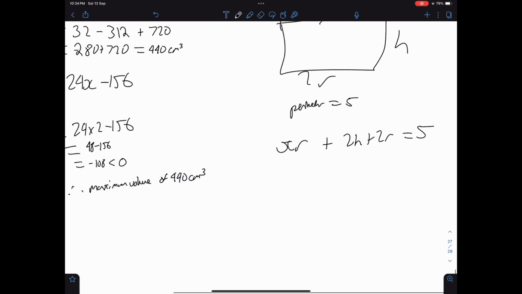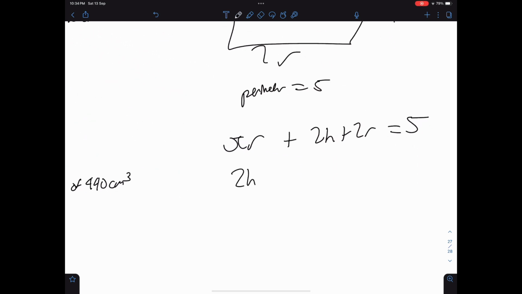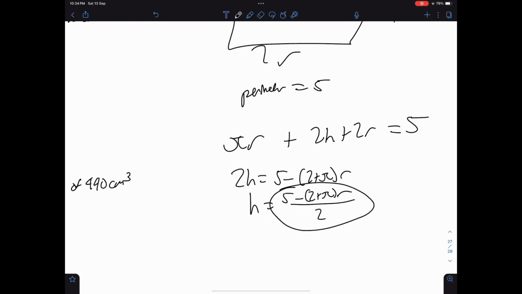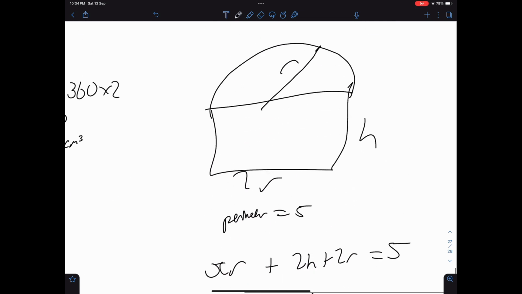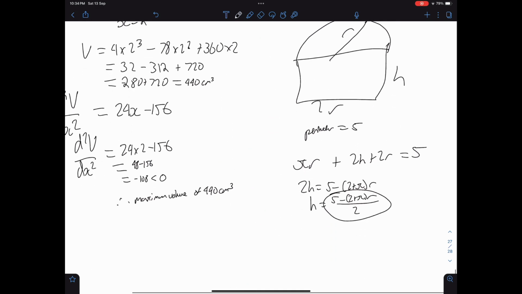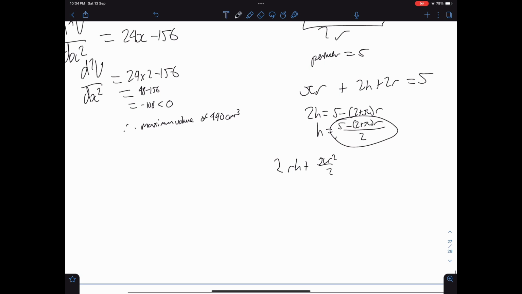Then you would go 2h equals 5 minus (2 plus pi) r, and then h is (5 minus (2 plus pi) r) over 2. And then you'd substitute that into, say, an area formula, which would be 2rh plus pi r squared over 2, and you would put this in here. And then you would do all the calculus and stuff.